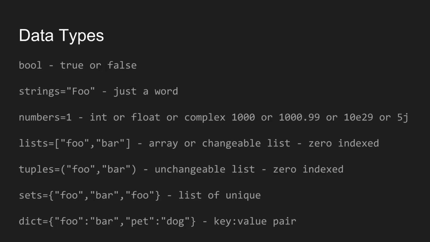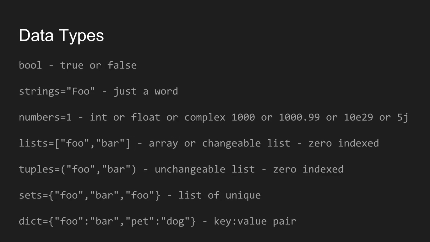A set is also a list. It's a bad example because you have foo twice, but that is the example. If you type out what a set does and print out that set, you're only going to see foo once. It's not going to throw back an error at you, because that's what a set is supposed to do. It gives you a unique list of all the items inside that set.